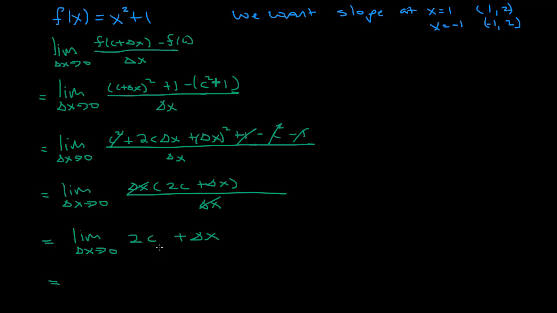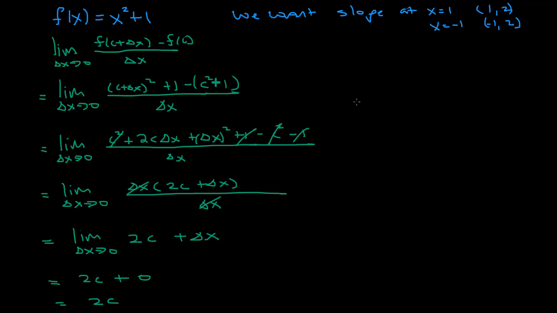Now, all we have to do is directly substitute for delta x, let it equal 0, and we have 2c plus 0 equals 2c.